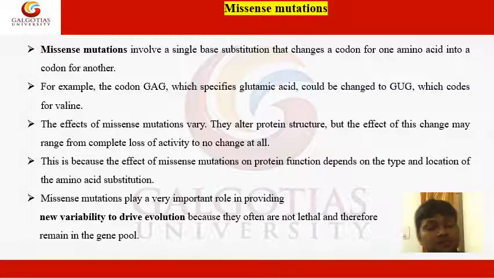Now the missense mutations. Missense mutations involve a single base substitution and change a codon for one amino acid into another. For example, the codon GAG, which specifies glutamic acid, could be changed to GCG. The effects of missense mutations vary. They alter protein structure, but the effect of these changes may range from complete loss of activity to none at all.